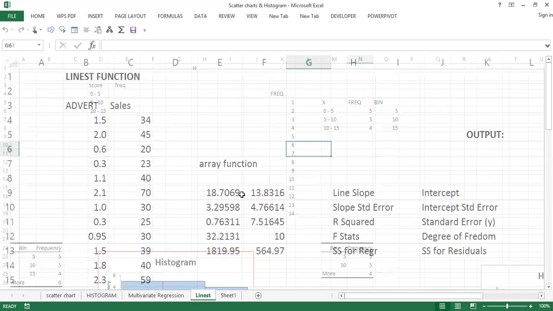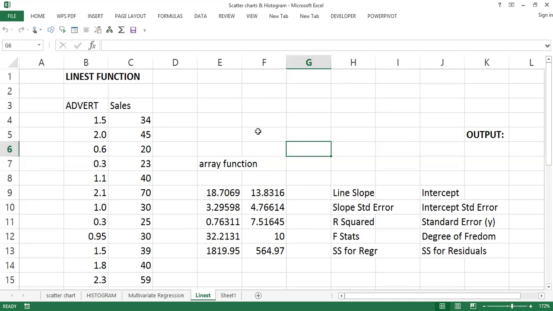What's the other method? You can use data analysis.